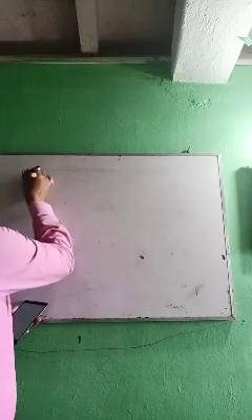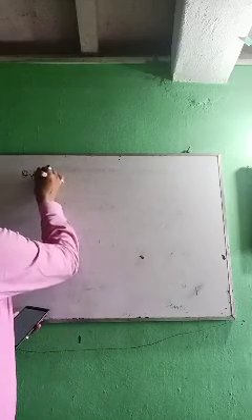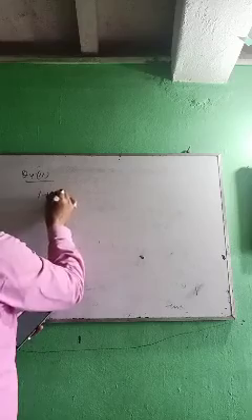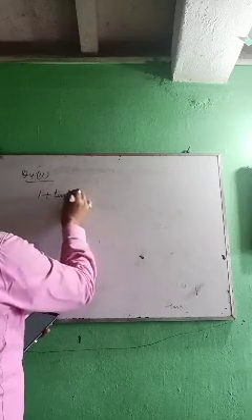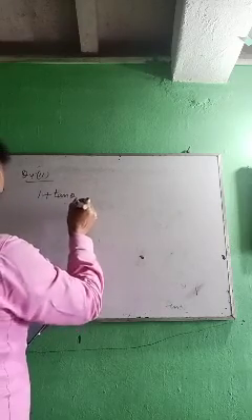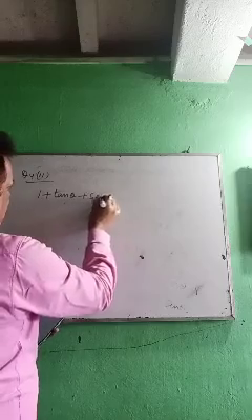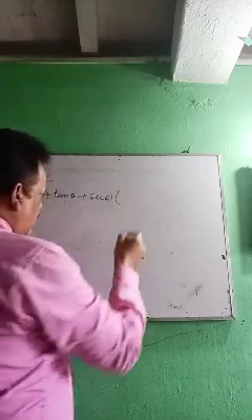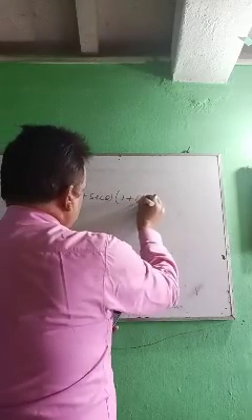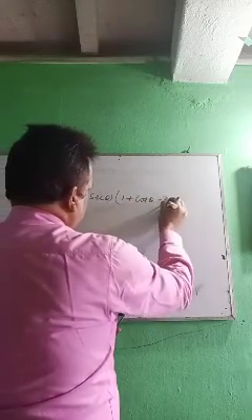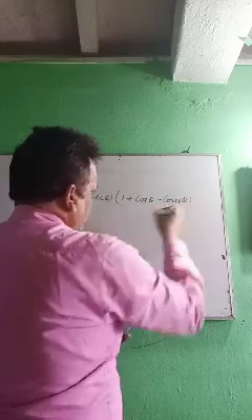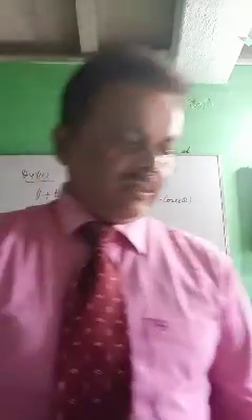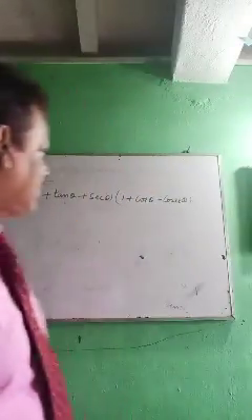Second part of question number 4: 1 plus tan theta plus sec theta, multiplied by 1 plus cot theta minus cosec theta. This is how much? So here you have to remember everything.